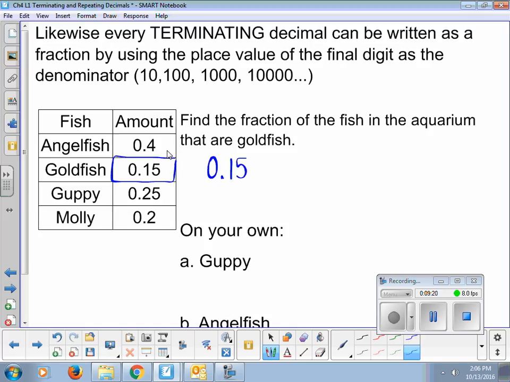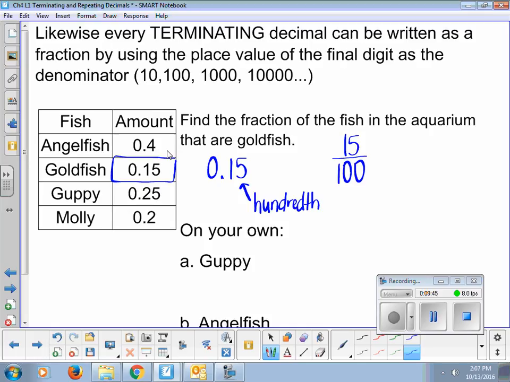If we wanted to change that to a fraction, what place value is our last digit in? If it's 2 digits over, this 1 would be in the tenths, 5 would be in the hundredths. So we write 15 over what number? 100. 15 over 100, and we need to simplify if possible.